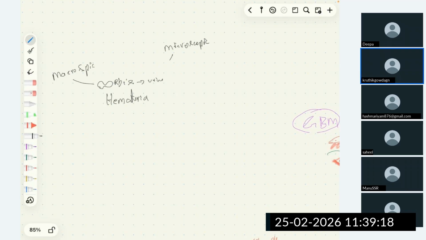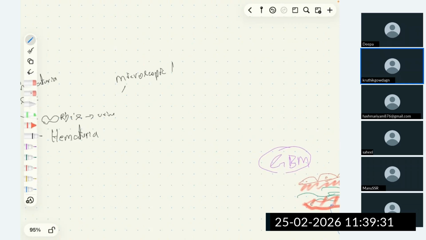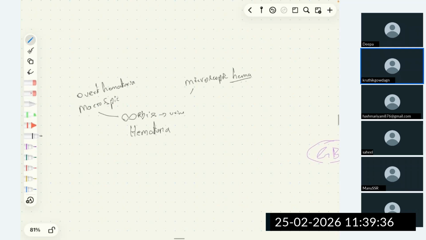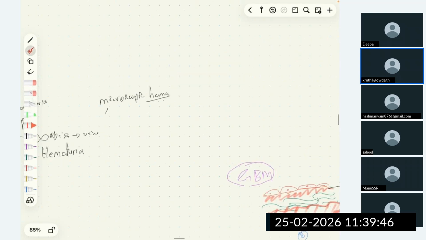The macroscopic one is called overt hematuria, and the microscopic one is called microscopic hematuria. Two types: macroscopic one, where the patient complains of passing bloody urine, and the microscopic one, where the patient doesn't complain about passing blood in urine. We see RBCs on dipstick or on doing microscopic examination.